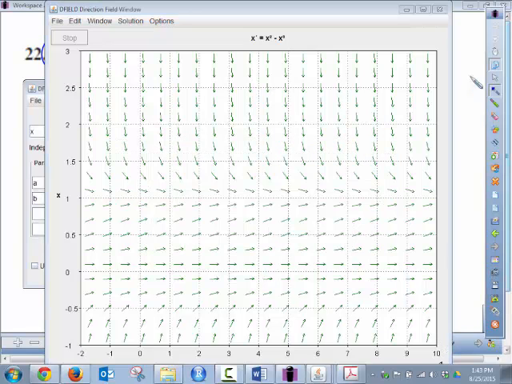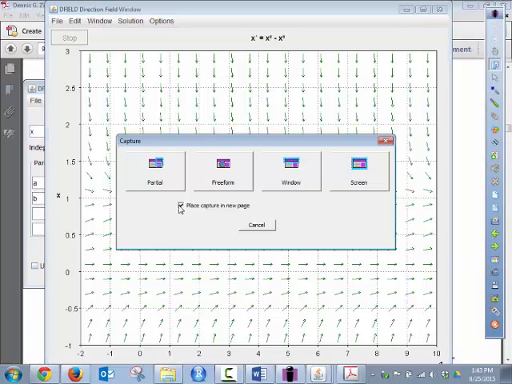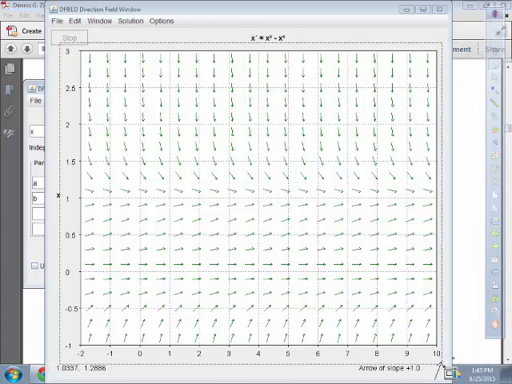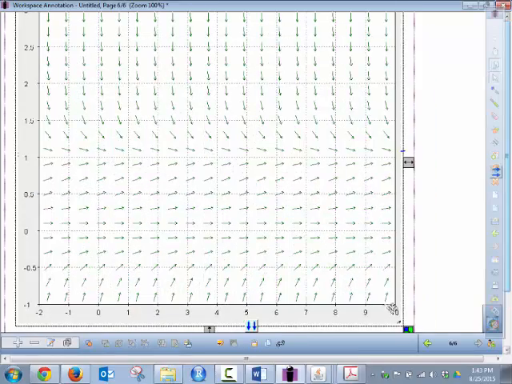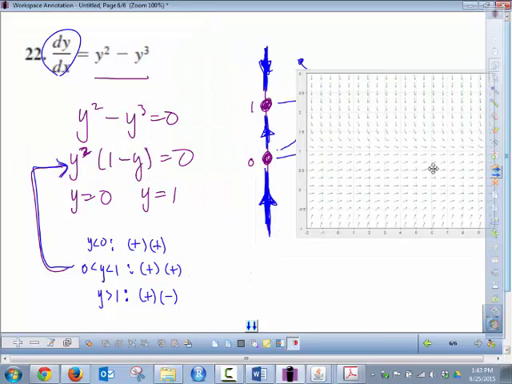So you can kind of see these phase planes. Think about that vertical cut. If we were to just take a column, it would look exactly like this phase plane drawing that I have.